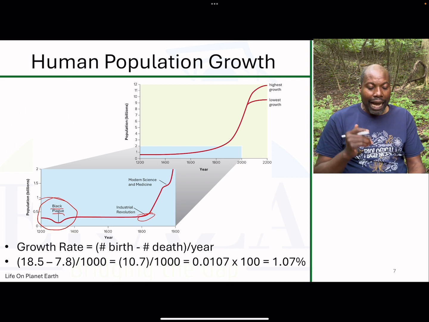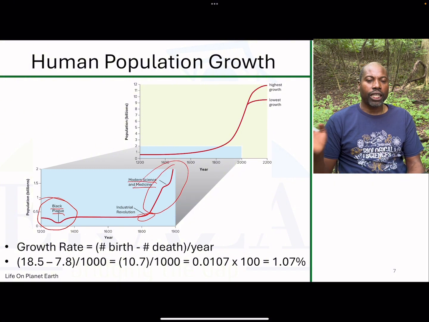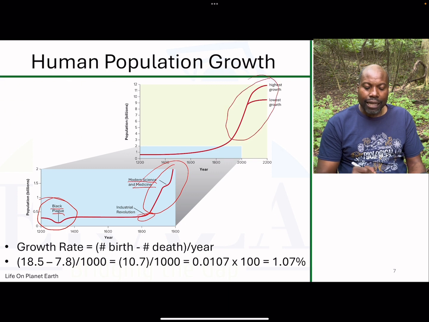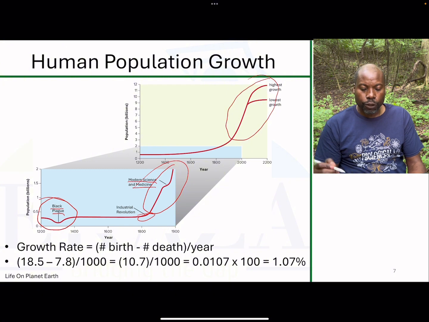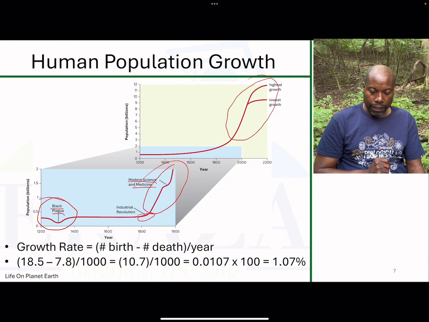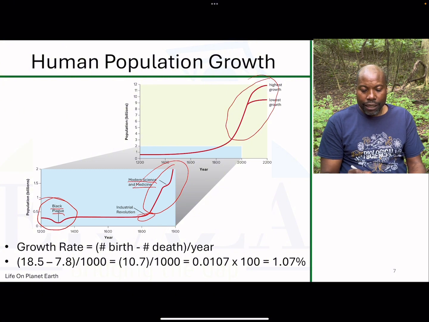And now, with modern science and medicine, the population has exploded tremendously, right? We have an exponential growth. And actually here, we see that population growth is going to continue, but eventually that population is going to level off, right?